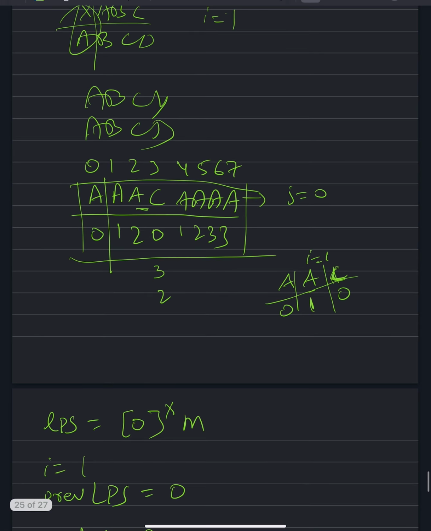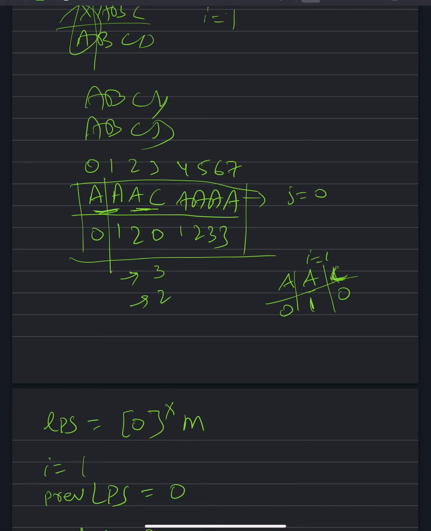Now we are checking for 2. We have checked if it's possible to have 3 as LPS, meaning longest prefix suffix, but it is not possible. So we are checking whether it is possible to have 2 as an LPS. For LPS to be 2, AC should match AA.